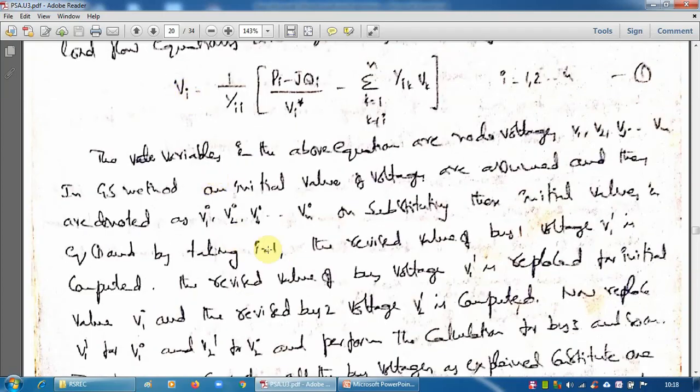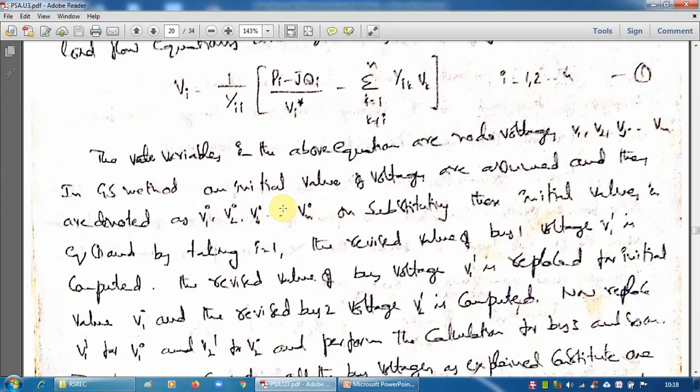For V2, in this expression we can substitute V1 of 1 as already calculated, that fresh value, and for the remaining V3, V4 and so on, only the initial values. Like that we can calculate V2, and this is denoted as V2 of 1.